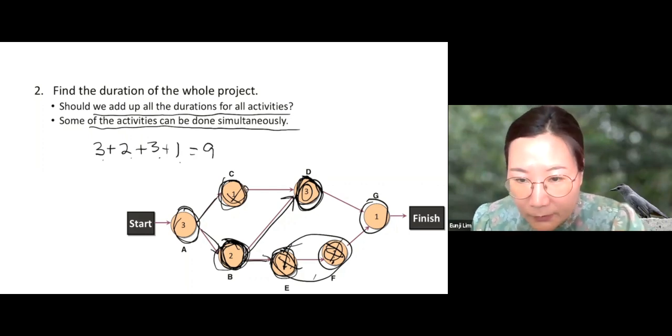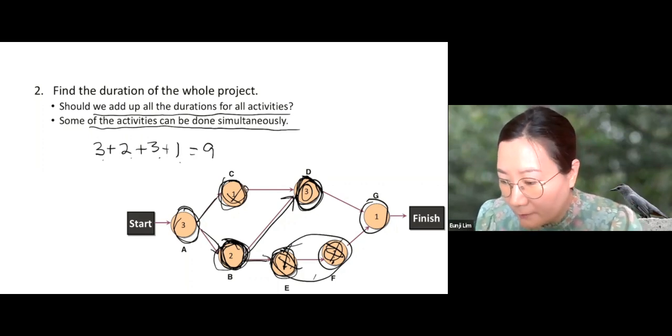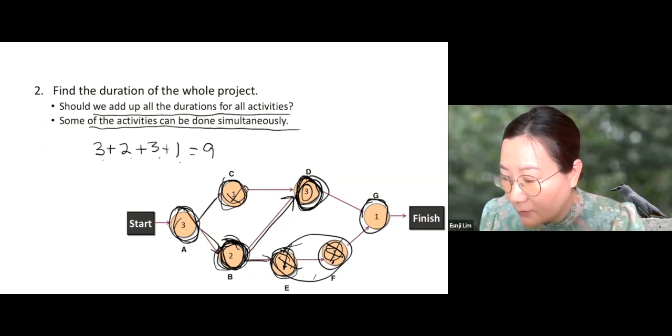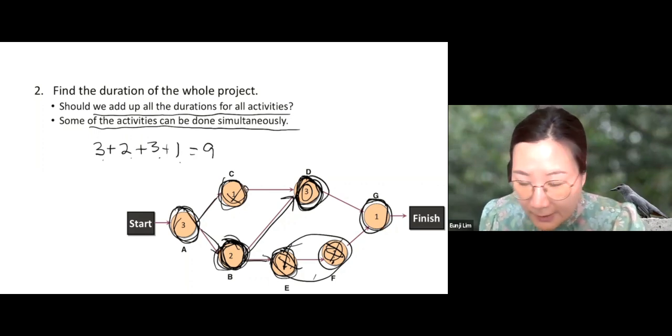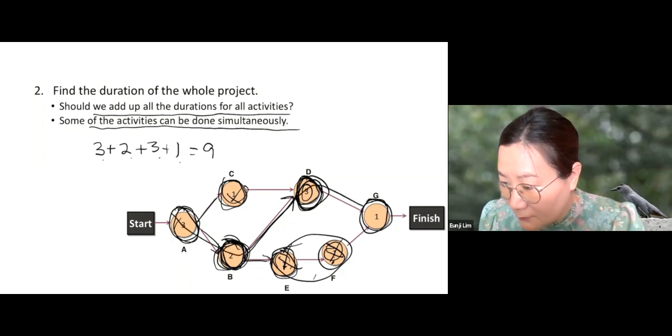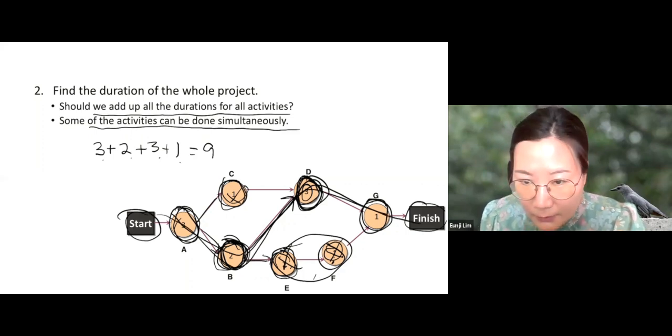So in this example, the duration of this project was the sum of the duration of A, the duration of B, the duration of D, and the duration of G. And this was the sequence from the start node to the finish node. A, B, D, G was a sequence from the start node to the finish node.